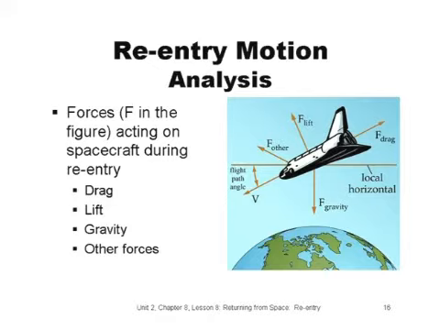By using the local horizontal reference line shown on the figure, you can see the flight path angle. Now, is the flight path angle positive or negative? The correct answer is negative because the angle is below the local horizontal and the vehicle is diving toward the ground.